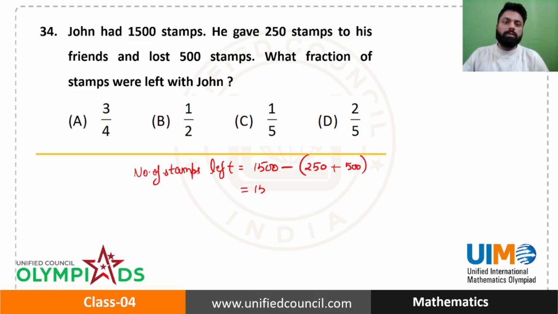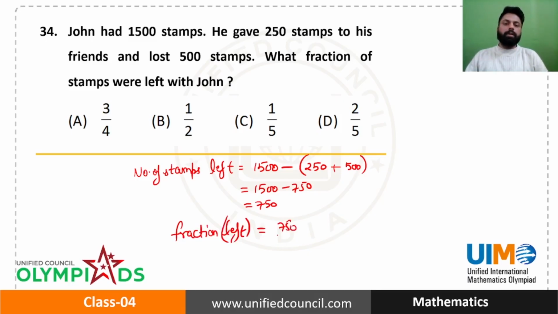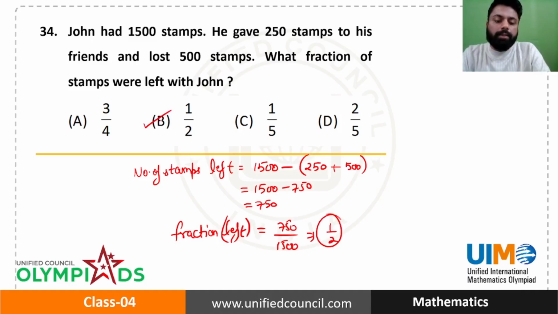This is 1500 minus 750, that is equal to 750 steps. Fraction for the number of steps which are left is equal to 750 upon 1500, that is equal to 1 upon 2. B option is the correct answer for this particular question.